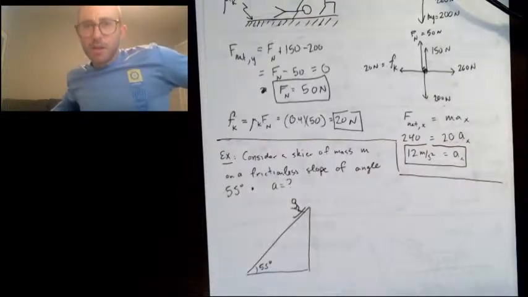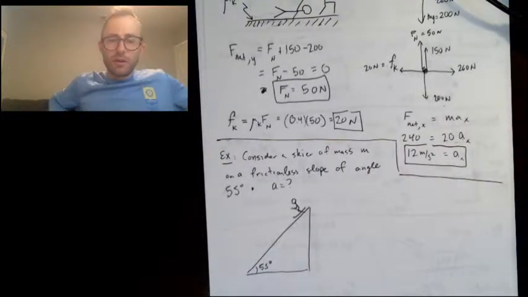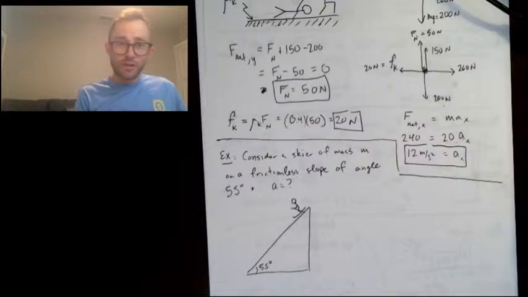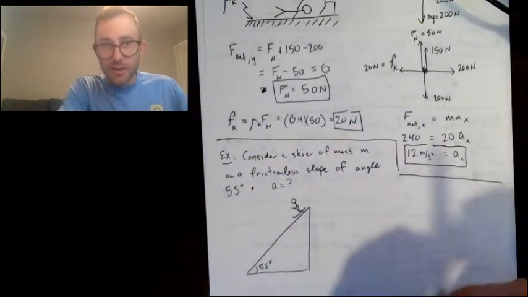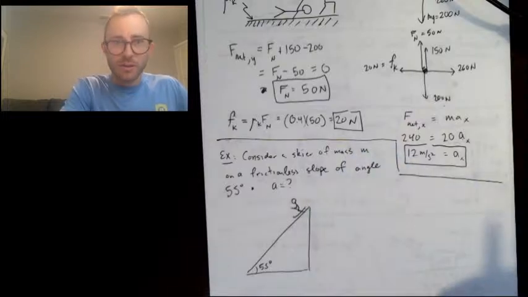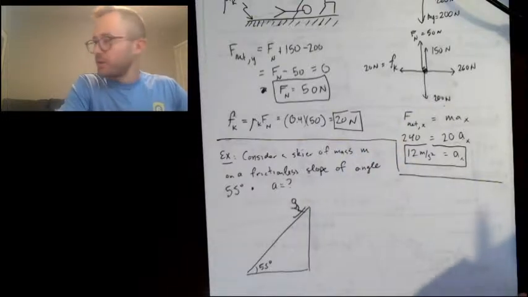Okay. So this is a little bit tricky because the acceleration is diagonal. We have an x acceleration and a y acceleration. So that is tricky. So here's what we're going to do.